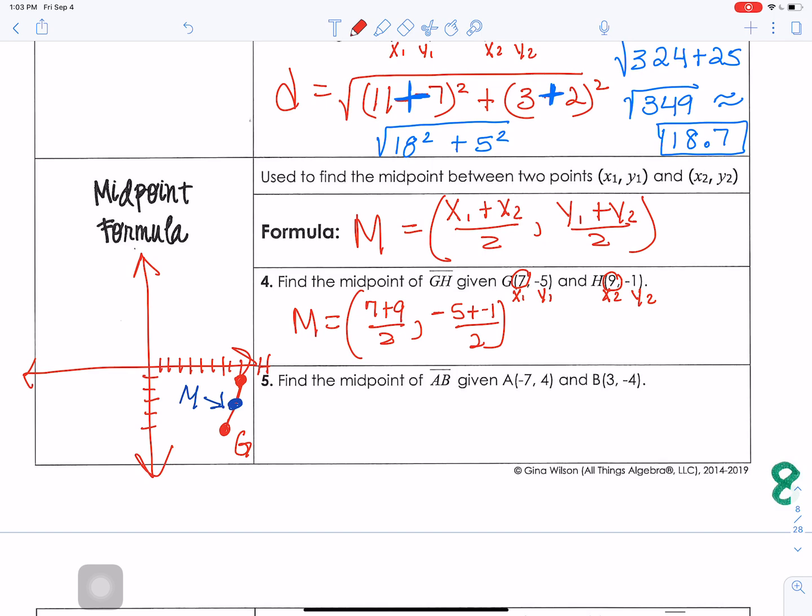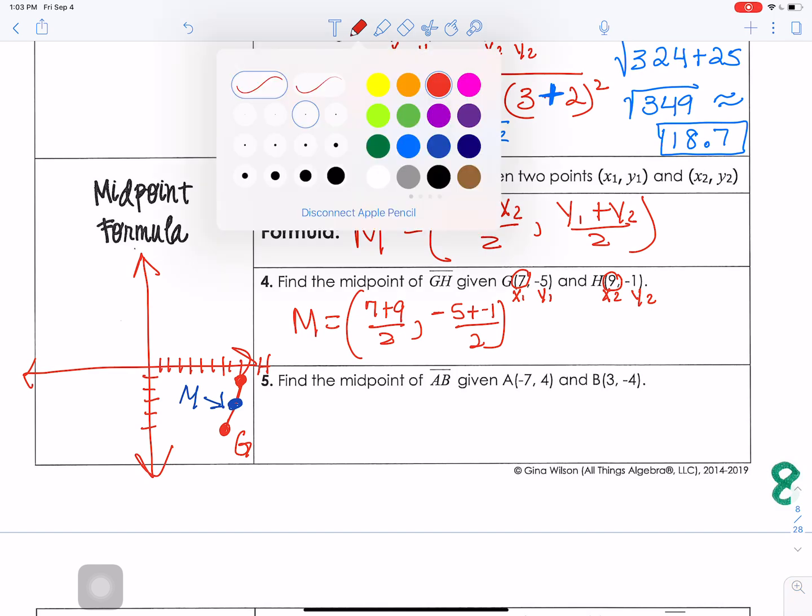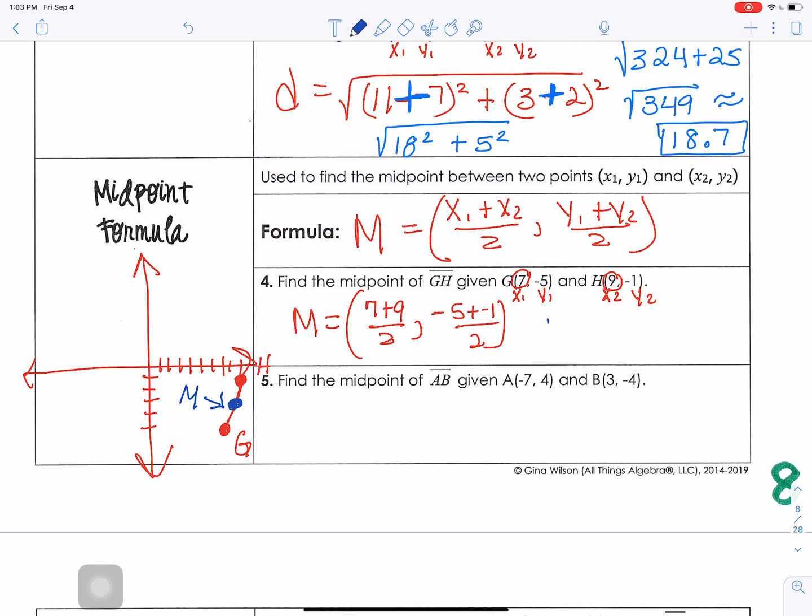So now, let's see. We've got 7 plus 9, which is 16, right? 16 divided by 2, which is 8. And then negative 5 plus negative 1 is a negative 6. And then negative 6 divided by 2 is a negative 3. So that means the midpoint is at 8, negative 3.